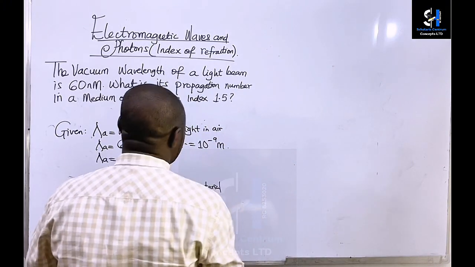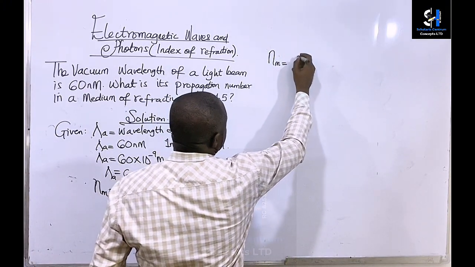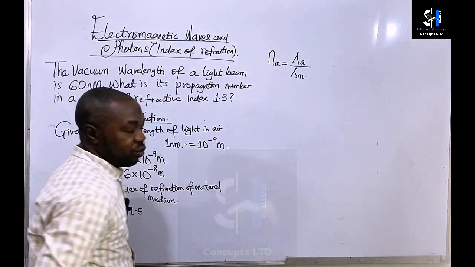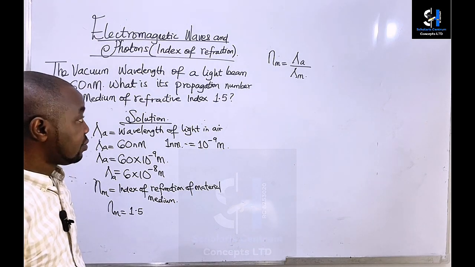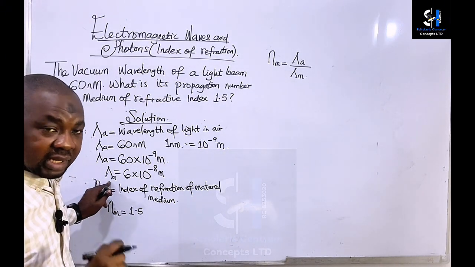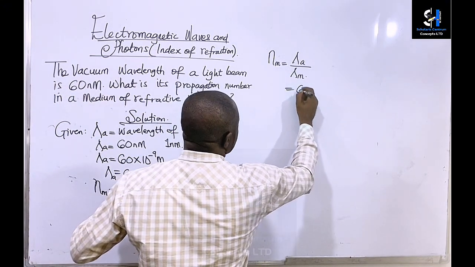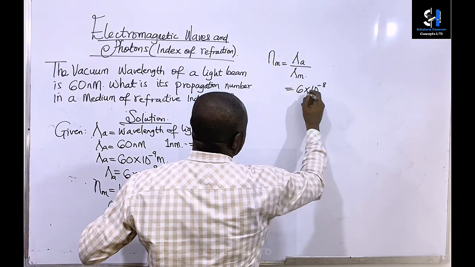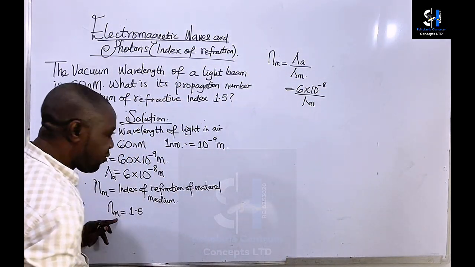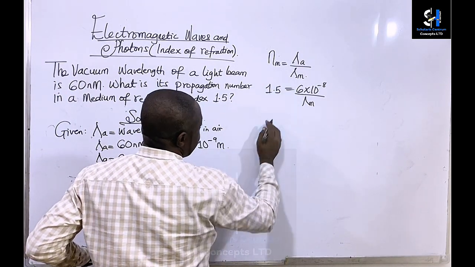Like I said, we're going to use the index of refraction of the material medium equals the wavelength of light in air over the wavelength of light in the material medium. We know the wavelength of light in air is 6 times 10 raised to the power of -8. The refractive index of the material medium is 1.5.